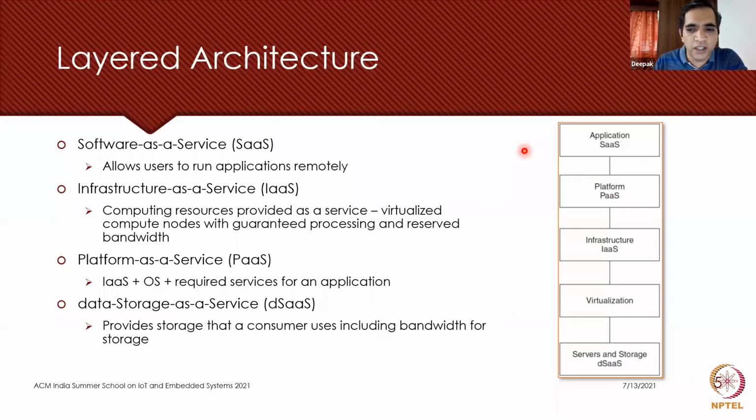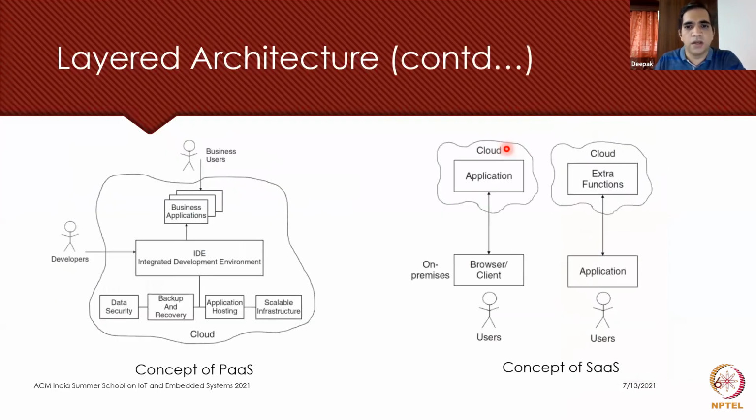Okay, moving forward then. Just to give you how these layers look like, let's start with the easier one, which is the application software as a service. What the architecture now looks like is this.